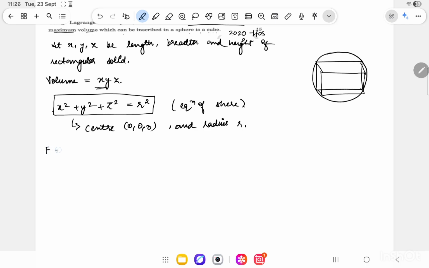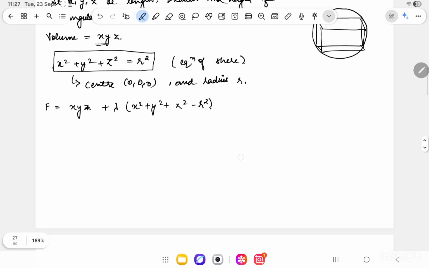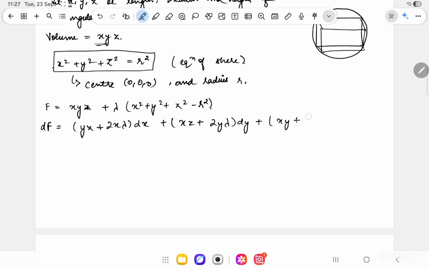So let us write our function f. That will be xyz plus lambda times x square plus y square plus z square minus r square. Here lambda is our Lagrange's multiplier. If we take its total derivative, that will be yz plus 2x lambda into dx plus xz plus 2y lambda into dy plus xy plus 2z lambda into dz.